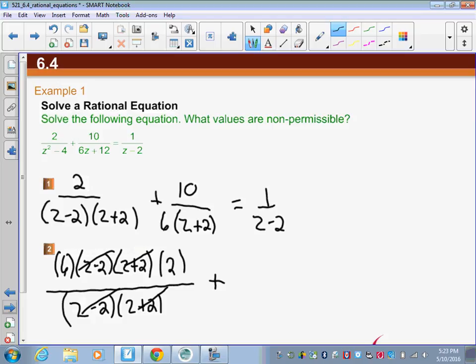So in this problem, I'm just going to do the piece that's missing, which is the z minus 2 times 10. And over here, what's missing is a 6 and a z plus 2.